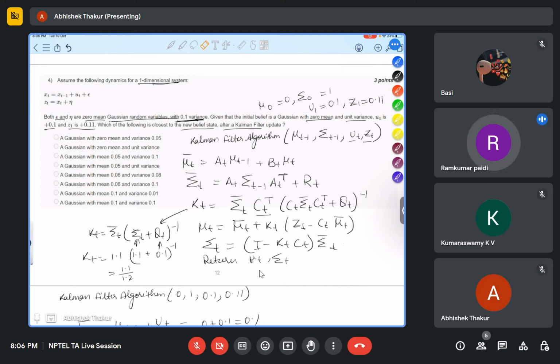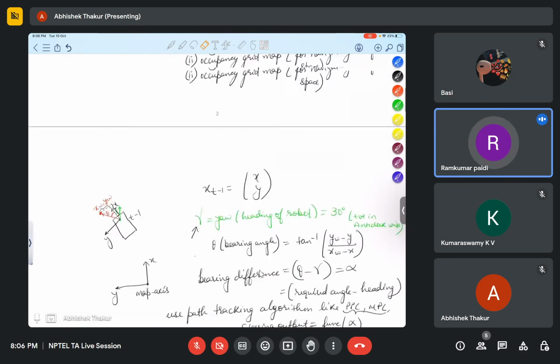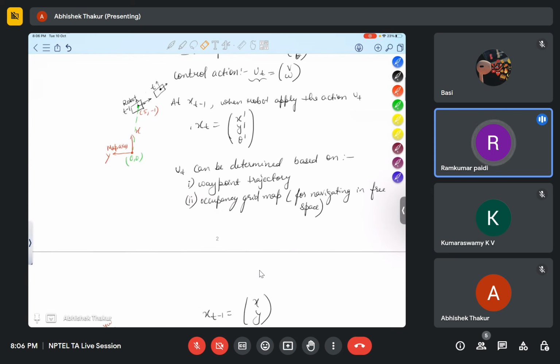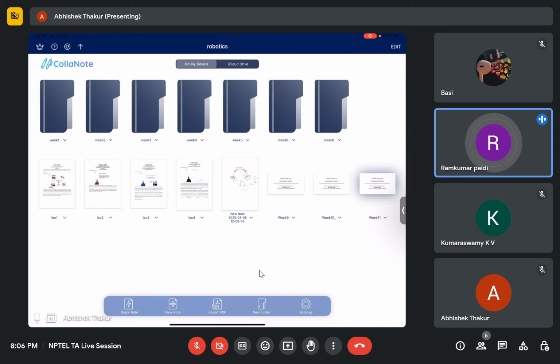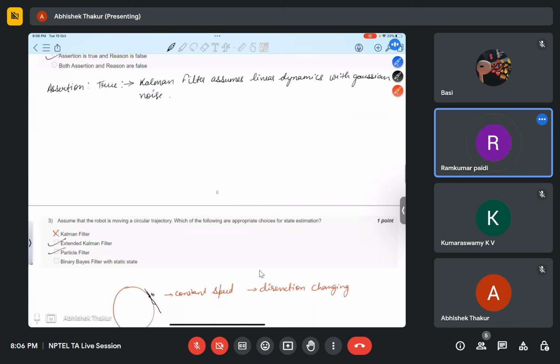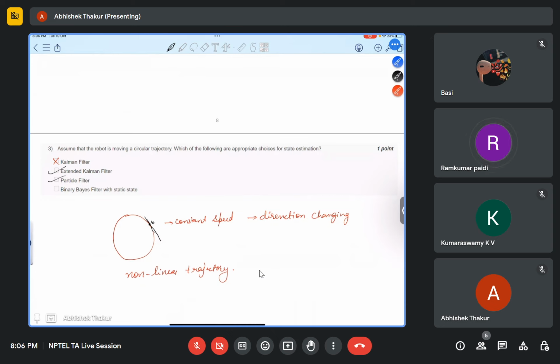Sir, this is the same assignment, question number 3. The answer is extended Kalman filter and particle filter, that is clear, sir. Can you tell me why Kalman filter is not correct in that assignment? The last assignment, question number 3, sir. So when the robot is moving in circular motion, the direction is changing.